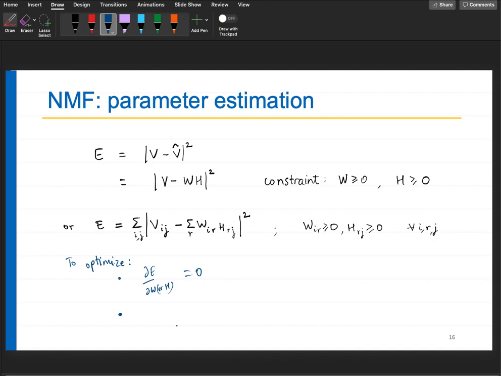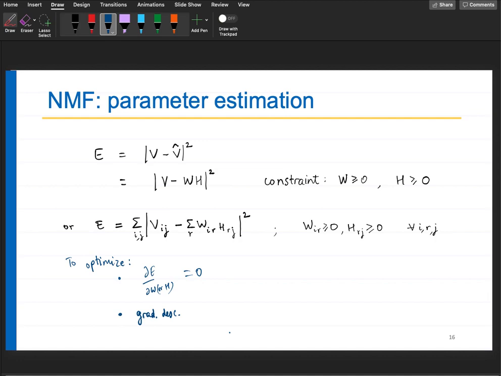Gradient descent, yeah. So you can use gradient descent to optimize this. Basically you take your dou E upon dou W, and instead of making it 0, if it is not analytically solvable, then you find a trajectory or update your weights iteratively.